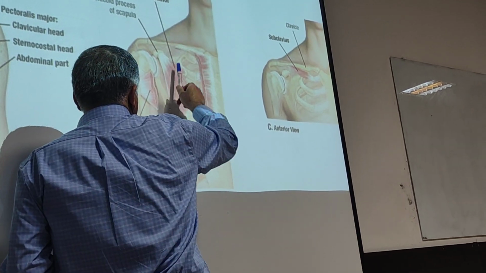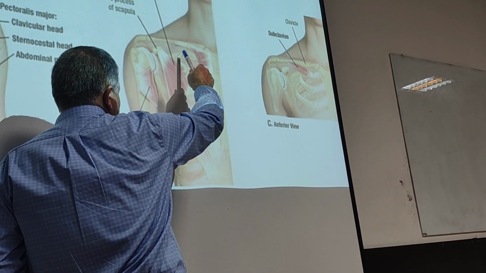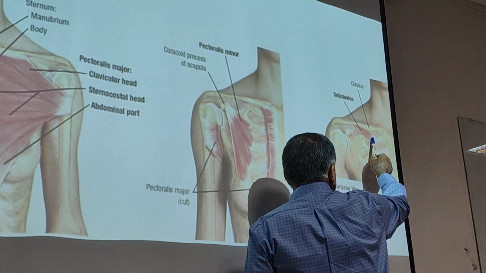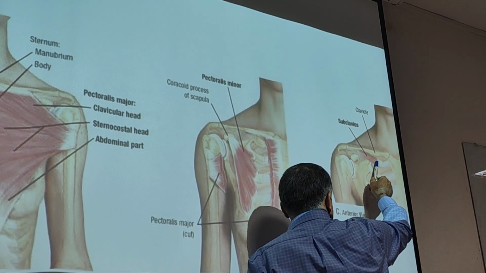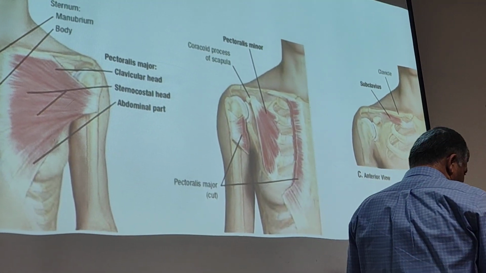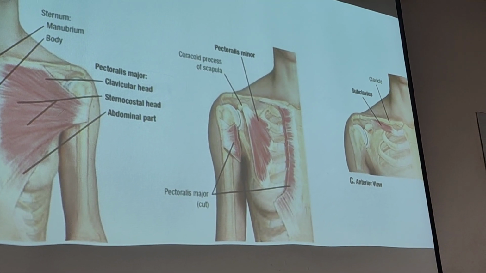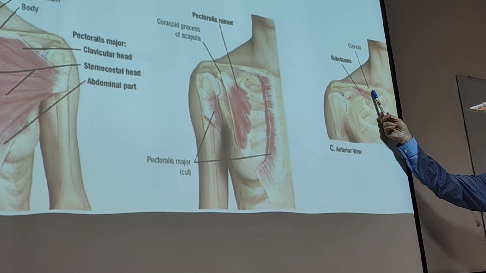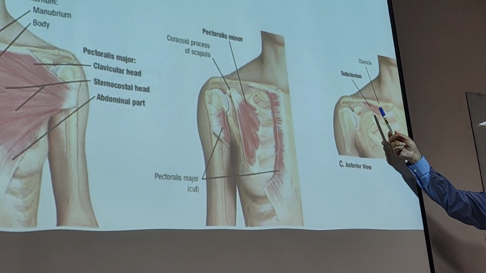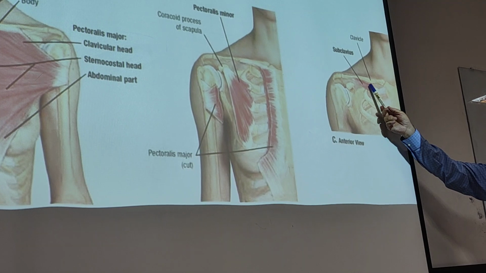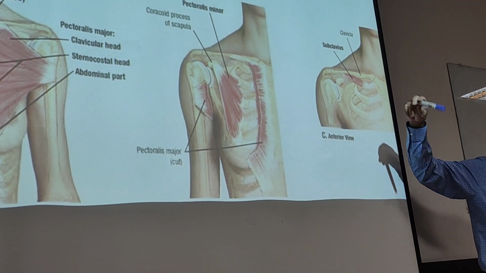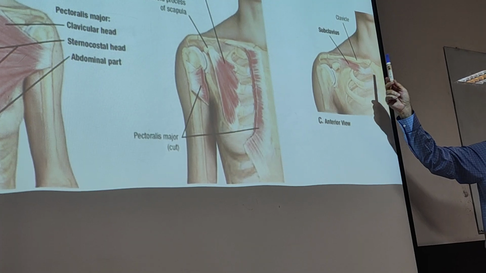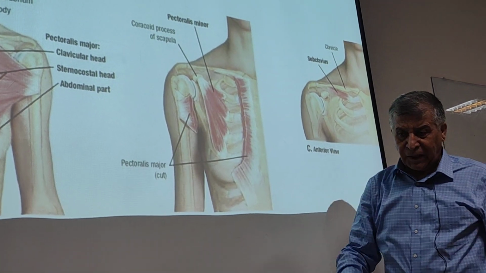Above it, between the first rib and the clavicle, you can see the subclavius muscle. It originates from the first rib and inserts on the clavicle. This muscle is innervated by the nerve to subclavius.